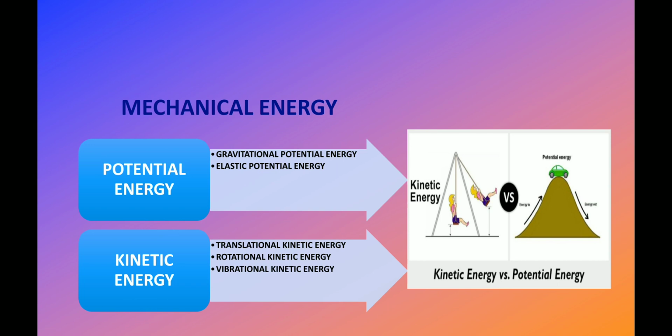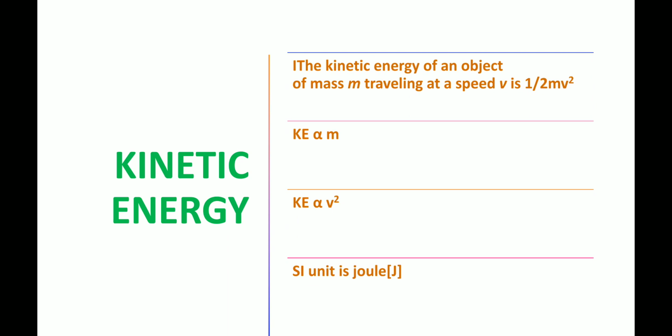When you fix a wire or clamp the wire at both the ends and you strike the wire in the middle, it will vibrate, so it will possess vibrational kinetic energy. In this chapter, we will mainly focus upon translational kinetic energy.